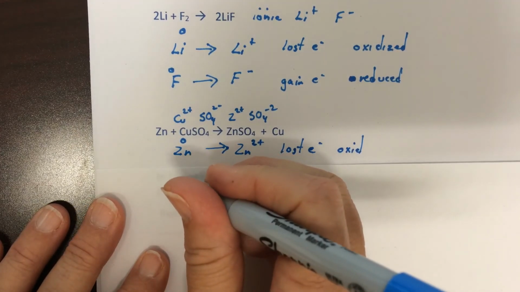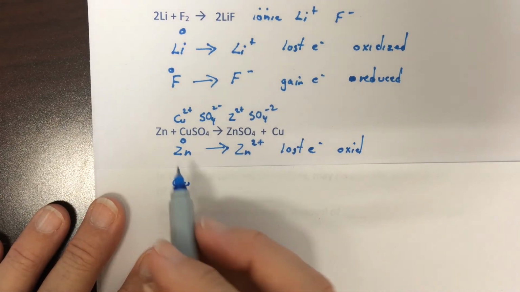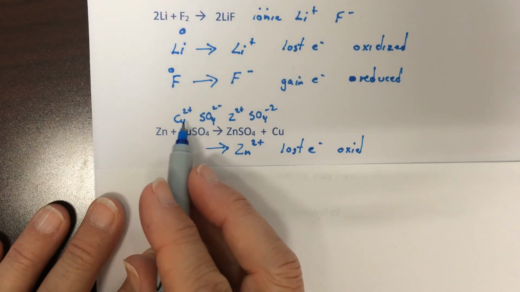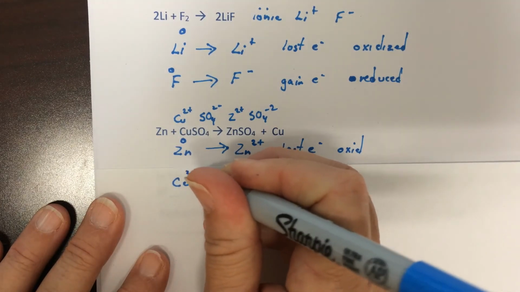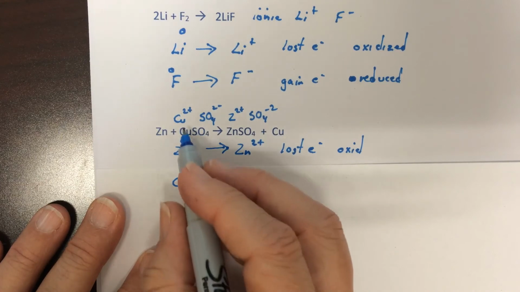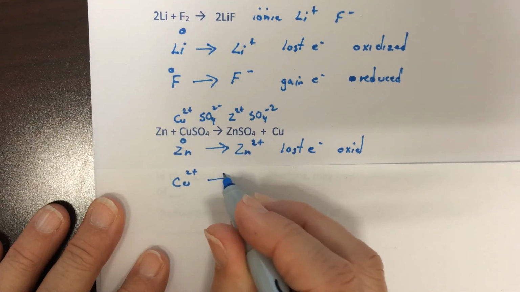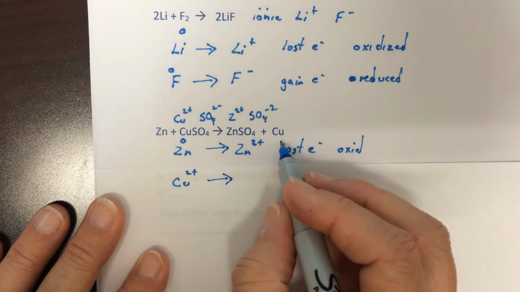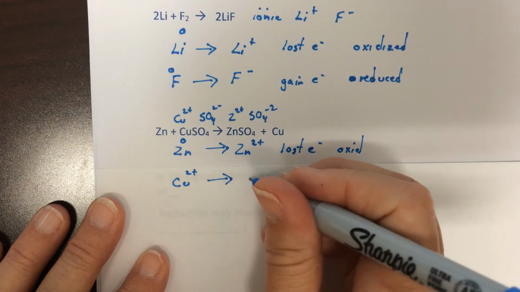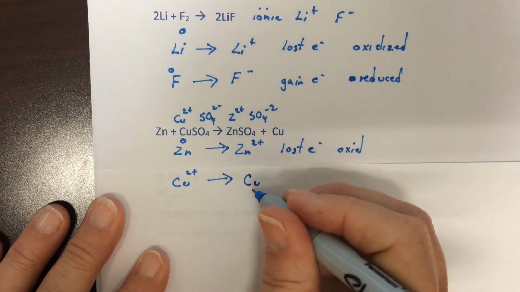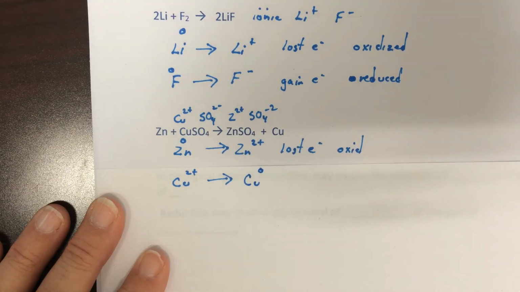Let's look at the copper. The copper on the reactant side has a +2. It's an ion. This is the reactant side. Copper, +2. If we look at copper on the product side, we see that it's an element. It has no charge.